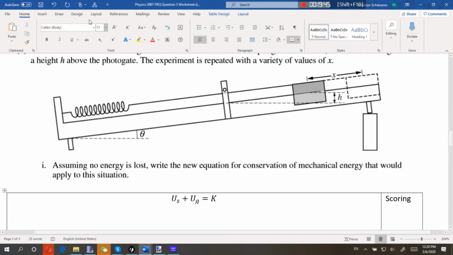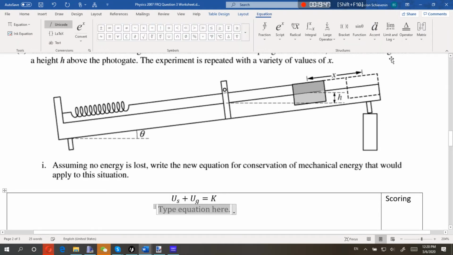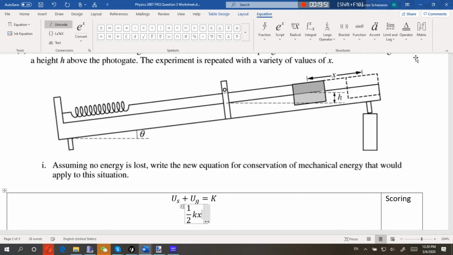Okay, so now I can just fill in. Our spring potential hasn't changed, so that's still 1/2 kx squared. My gravitational potential energy is a little bit interesting though. What's happening to my gravitational potential energy? mg sine theta.